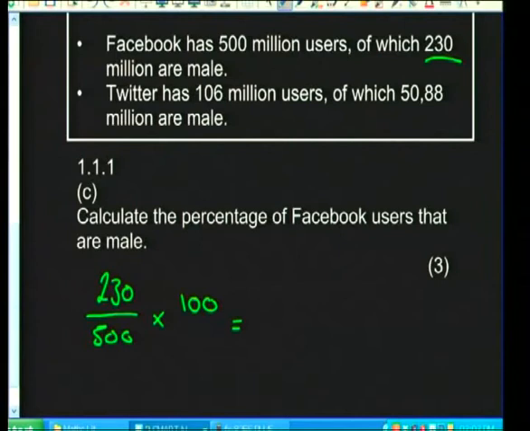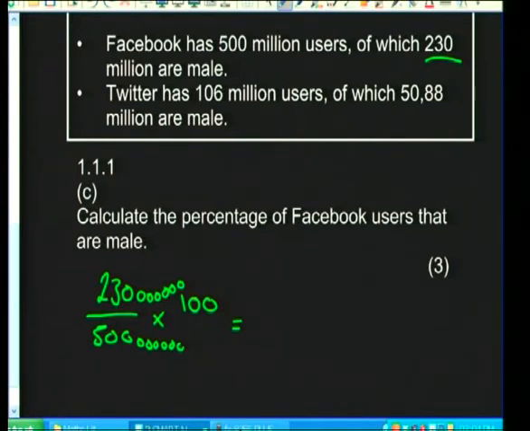Now, do I have to write 230 million? Well, I don't really have to in this case, because both the 230 and the 500 are millions. But if it makes you feel better, write it as millions. Let's do it, in fact. So I've got 230. How do I do million? I add 6 noughts. There they are. So now I have 230 million over 500 million, times 100.